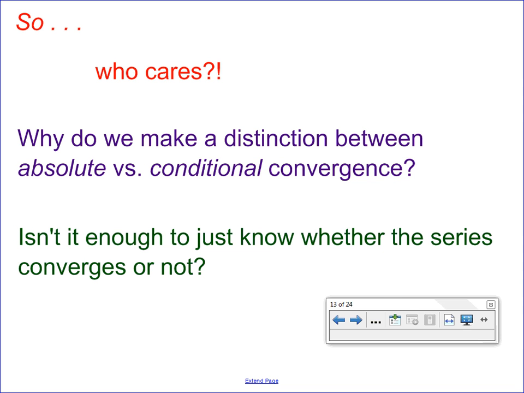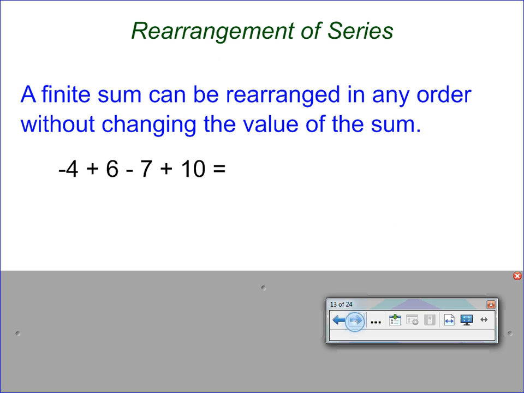Well, it turns out that those two types of convergence are very important for 2 different reasons. The first of which is what we call the rearrangement of terms in a series. And so I want you to go ahead and think about a series as representing a sum of terms. We have finite sums. Here, perhaps with an overly simplified example, consider the finite sum -4 plus 6 minus 7 plus 10.